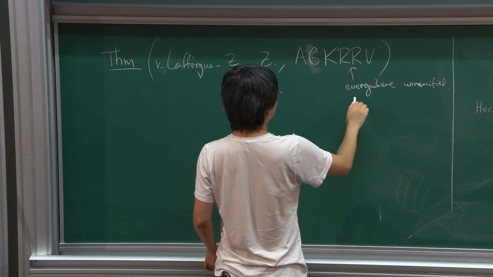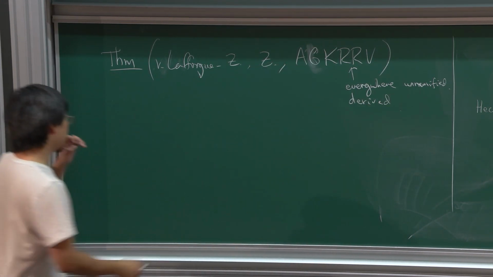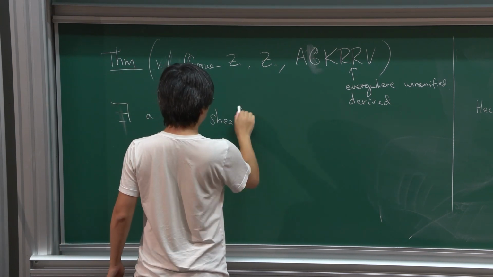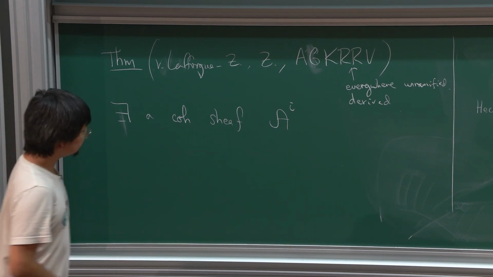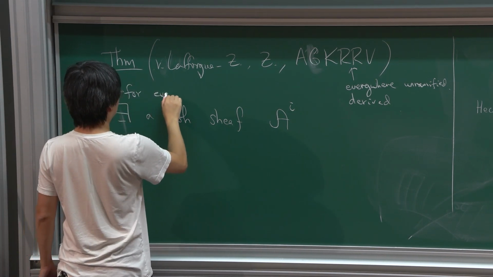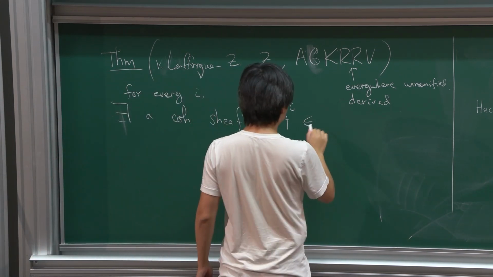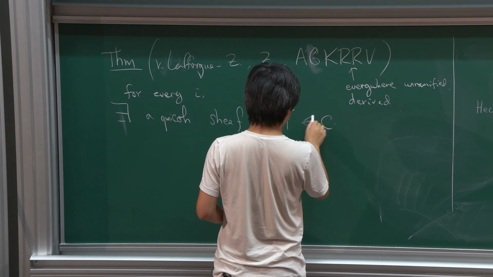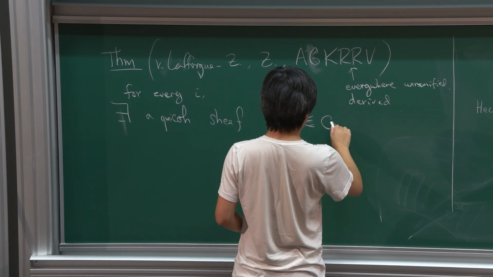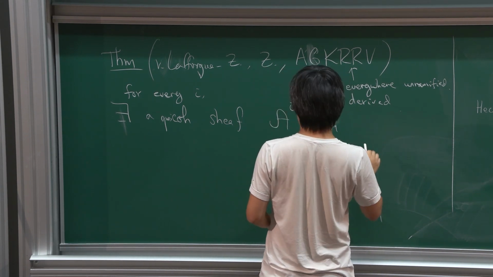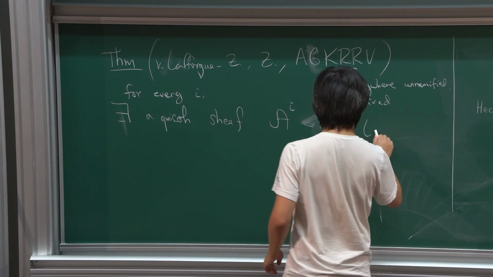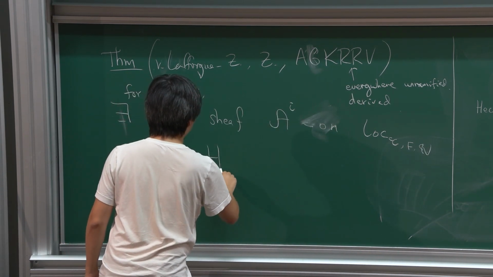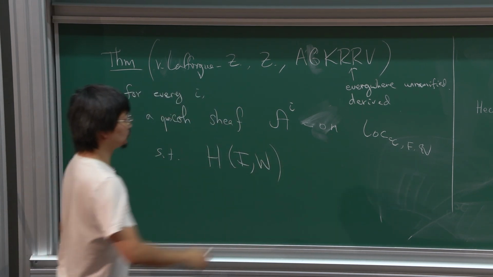But this is the derived version. Let me just state the abelian version: there exists a coherent sheaf, for every I, actually a quasi-coherent sheaf, on here, such that the cohomology, this guy, is really of that form.